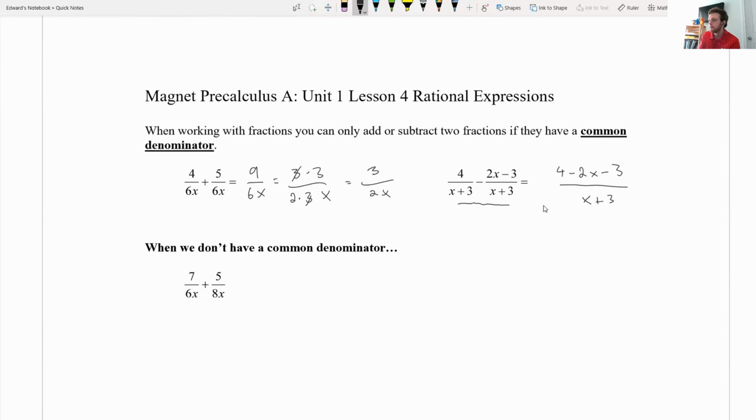What do you mean? Well, when we have 4 minus 2x minus 3 versus 4 minus the quantity 2x minus 3, shouldn't we get 4 minus 2x plus 3 in our numerator?